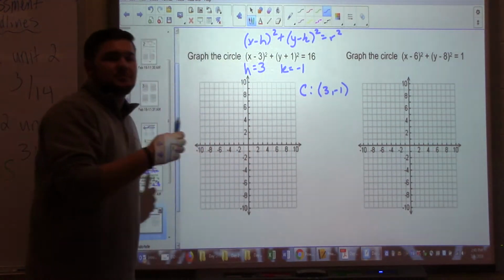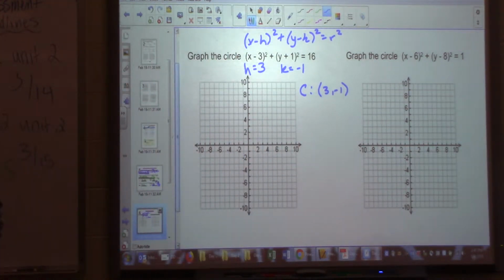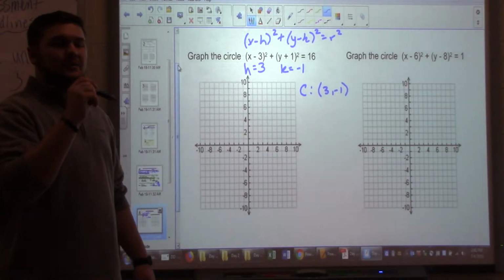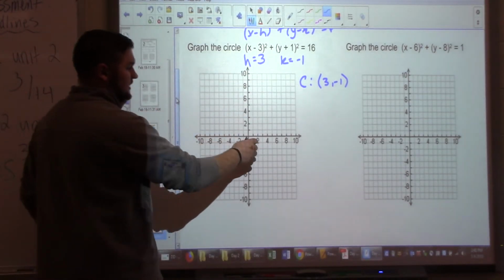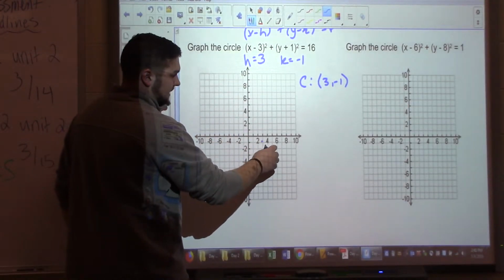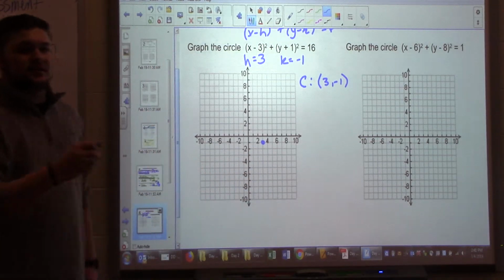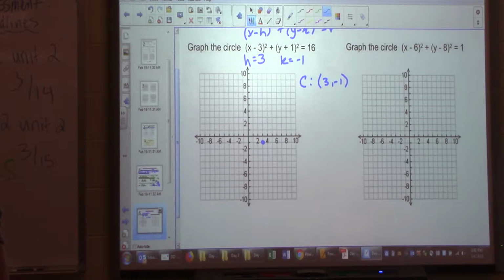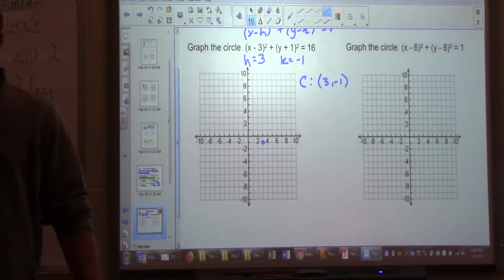So my center's at 3, negative 1. On Friday we started at 0, 0, the origin, the whole time. Now we're starting at a different center, so we're going to 3, negative 1. I'm going to put a point there. On Friday we didn't put a point, but now put a point at your center.